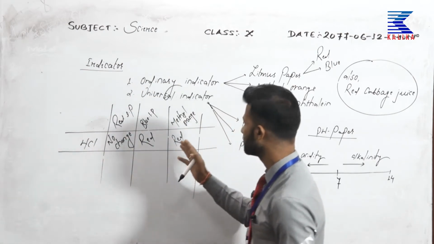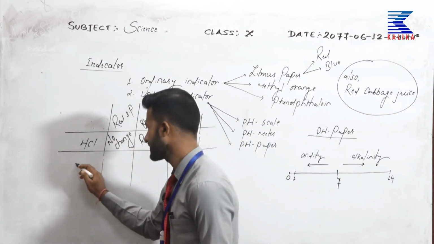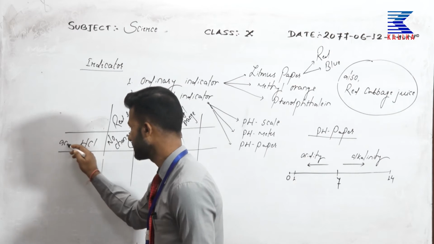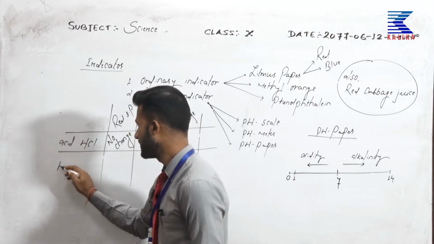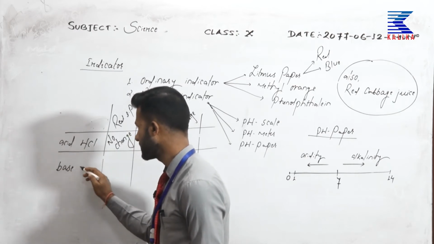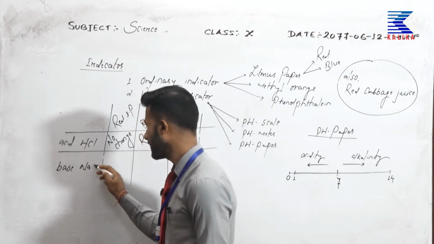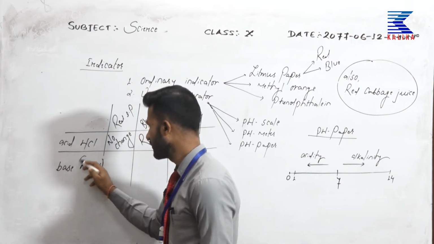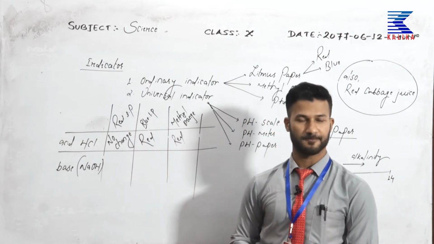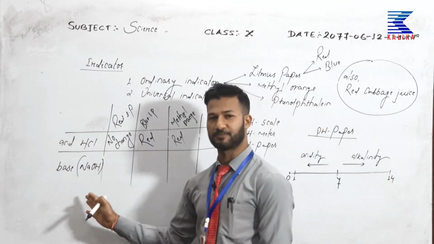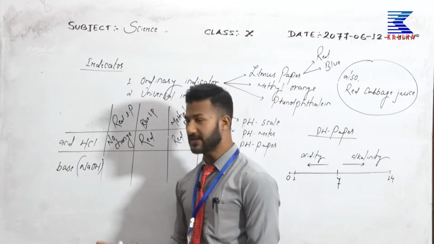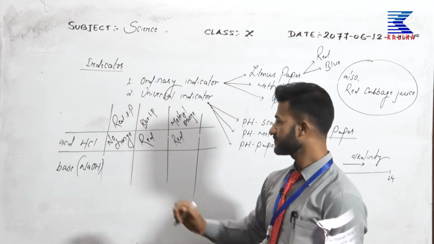See what happens with base. This is an acid, I said. Now base, let us take one of the bases, NaOH, sodium hydroxide, one of the strongest bases. See the changes it brings with these indicators.